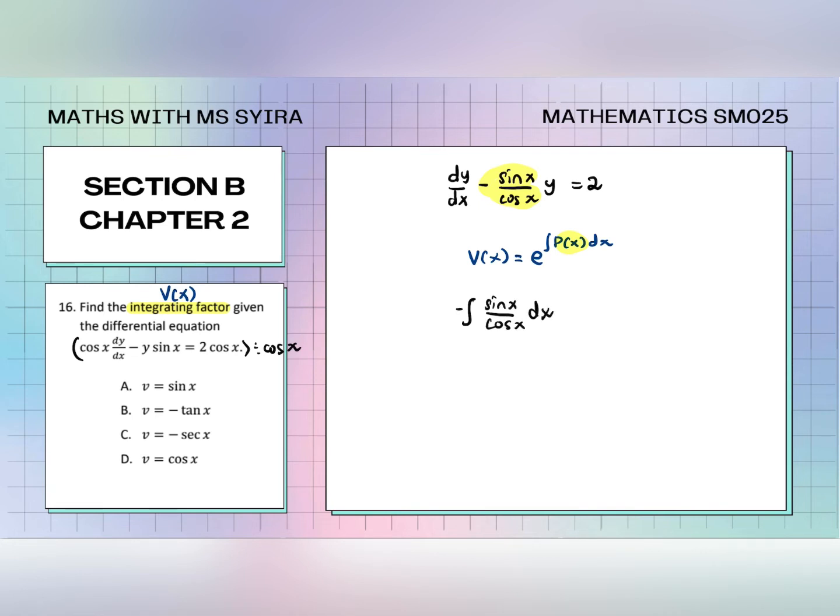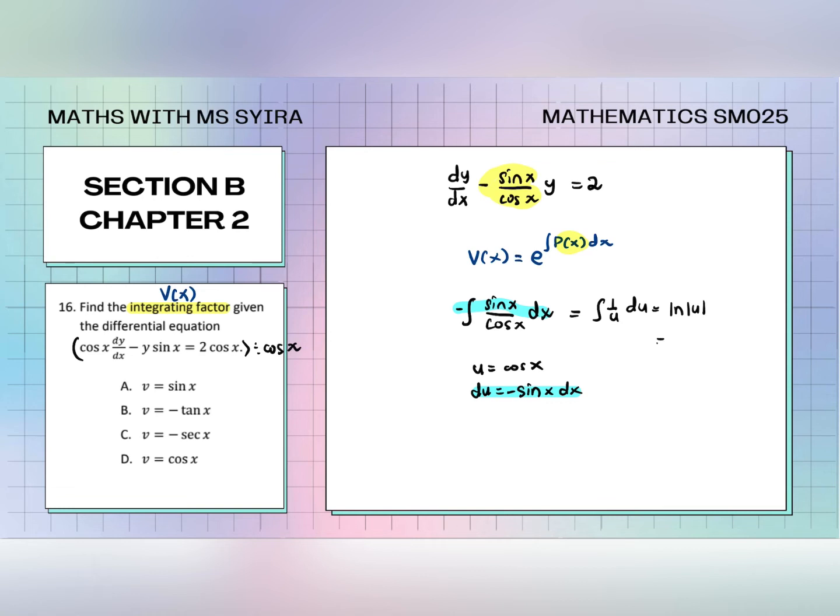Okay. Ini kita kena guna substitution where u adalah denominator kita. Okay. So, differentiate u. Differentiate u kita dapat negative sin of x dx. Okay. Now, kamu dah nampak dah. Ini adalah value dia. Negative sin of x dx will be du. So, that means here it will be integrate 1 over u du. Kita dapat apa? ln of u.